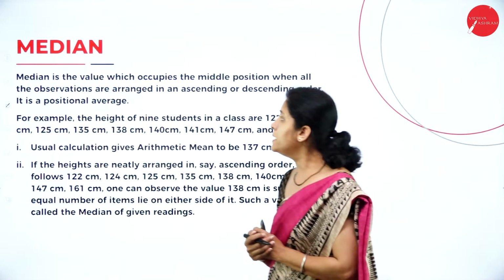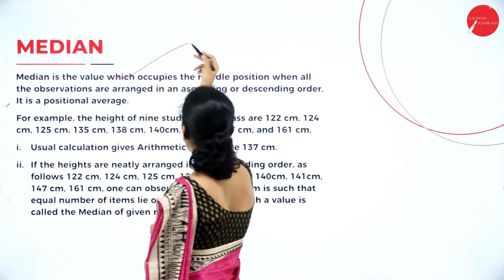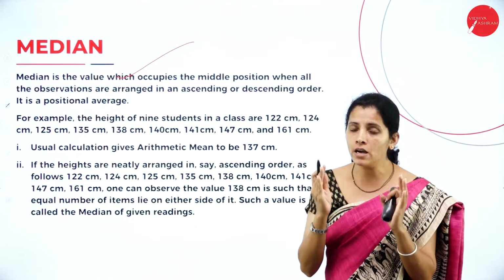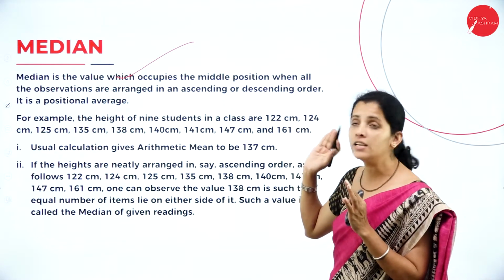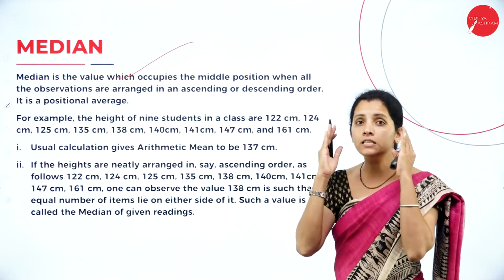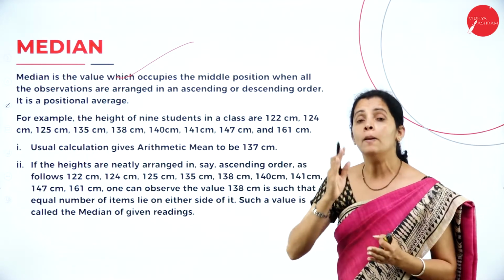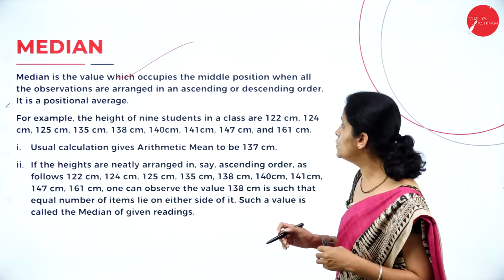So here the median is the value which occupies the middle position. Dear student, whenever you encounter a question like median, just remember that it is nothing but the middle value or mid position value.